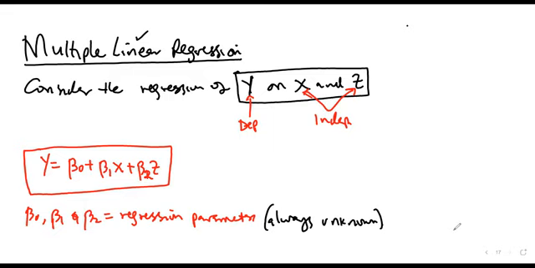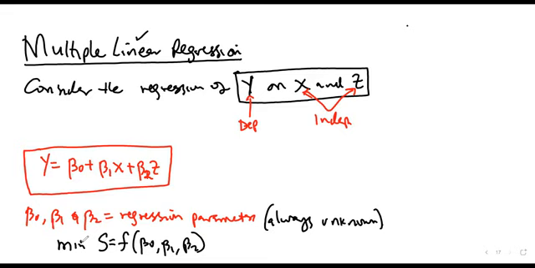And just like we saw, we need to minimize some sum of squares of errors. By so doing, we'll have some function, which I don't want to write explicitly, which will be a function of beta naught, beta 1, and beta 2. This is a function that we want to minimize.